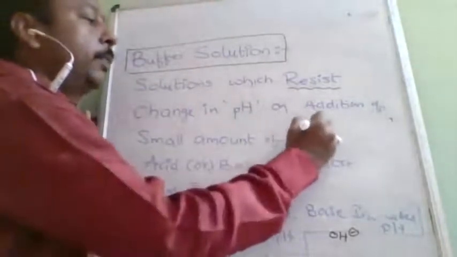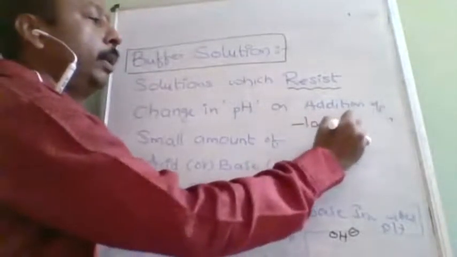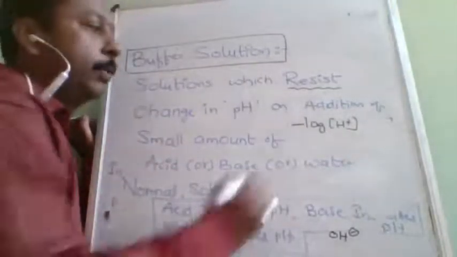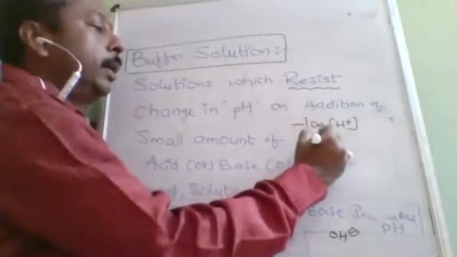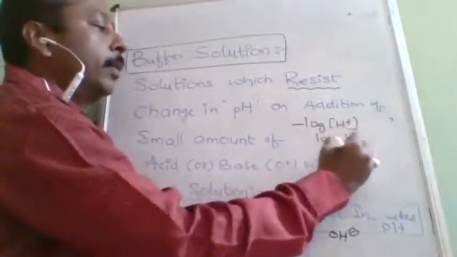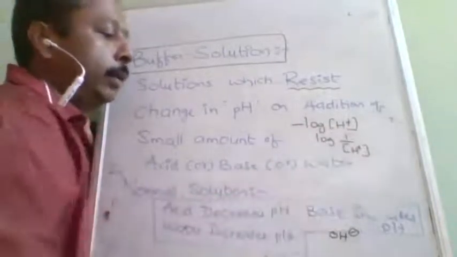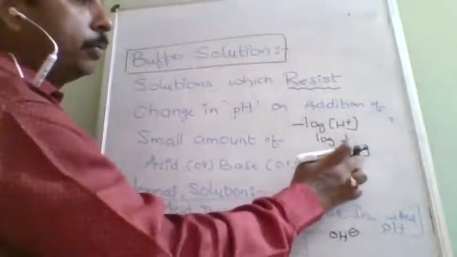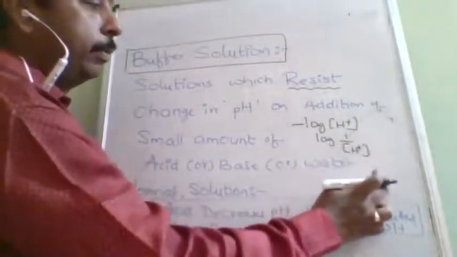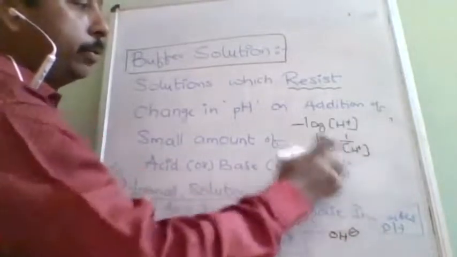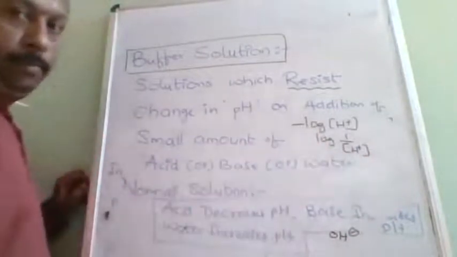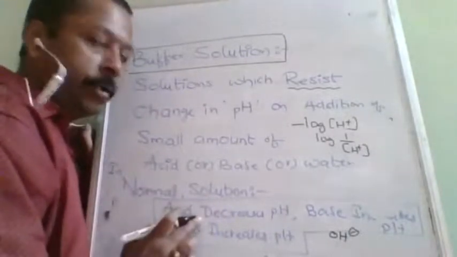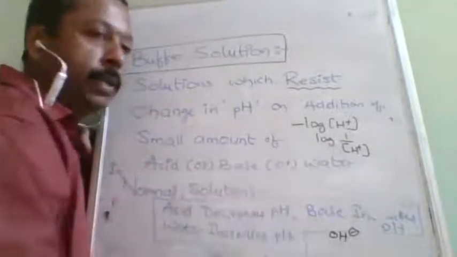Just now I told you pH depends completely on H positive only, and it is inversely proportional to the logarithmic value of H plus. So OH minus will reduce the amount of H positive available, the denominator is reduced, and the total value will increase. Here also it is the same, but in acid I used the term decreased, and here I will use increased.